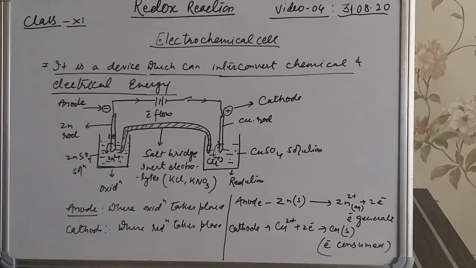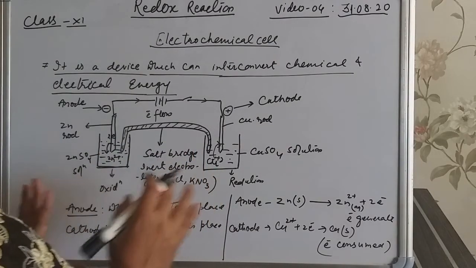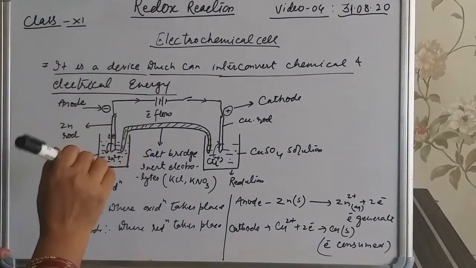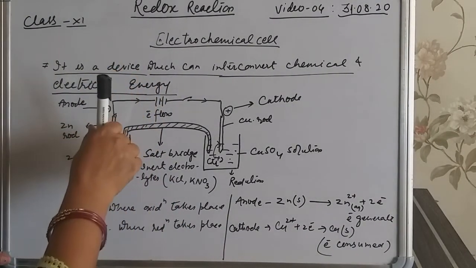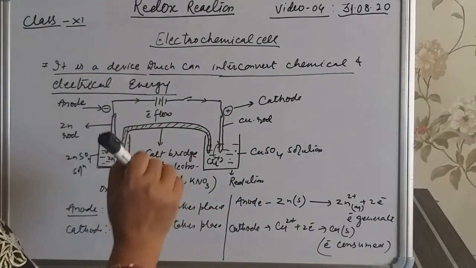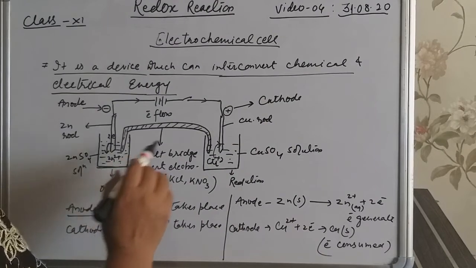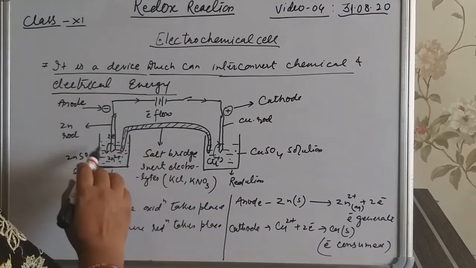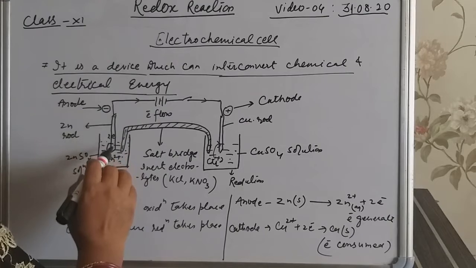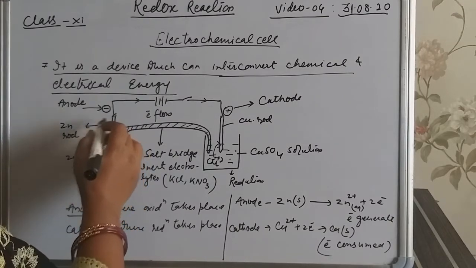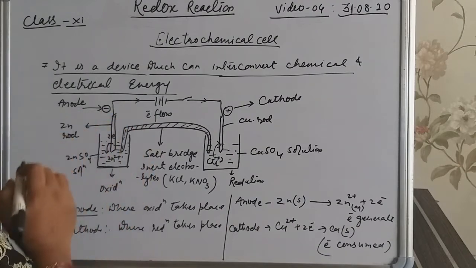So what happens in an electrochemical cell? There is an indirect redox reaction in which each metal is dipped in its own solution: zinc in zinc sulfate solution, copper in copper sulfate solution, and zinc is more reactive than copper. So zinc is oxidized first, and after oxidation negative charge accumulates, so this electrode becomes negative.